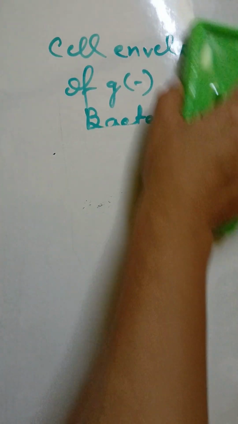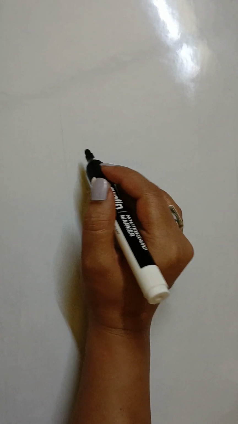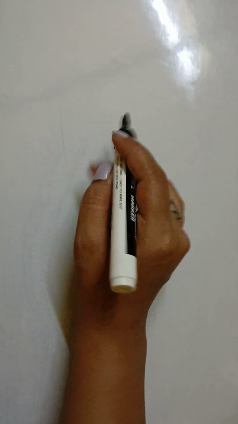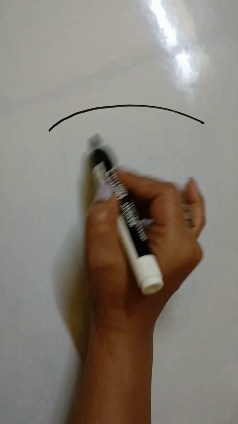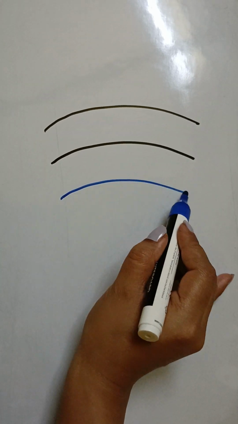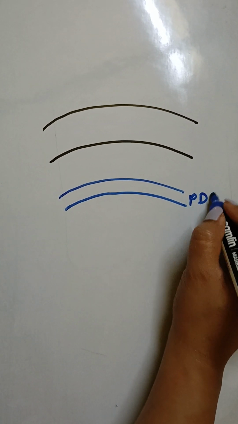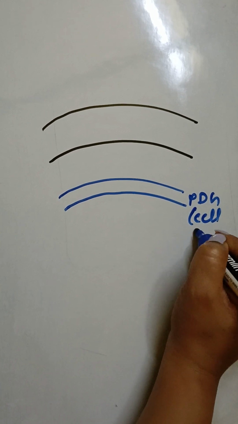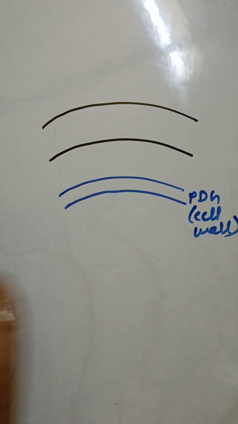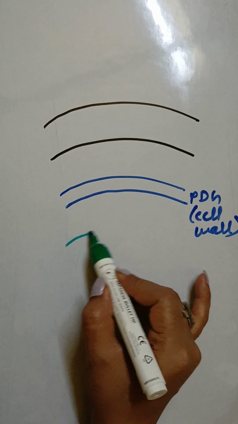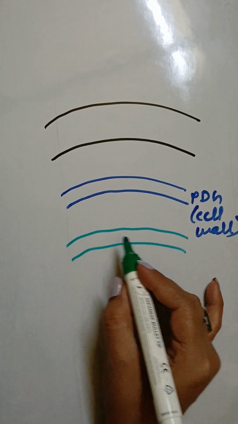I'll start with the outer membrane. So basically, in a simplified way, this is an outer membrane. This one is the thin PDG layer, the cell wall, and this one is the plasma membrane.